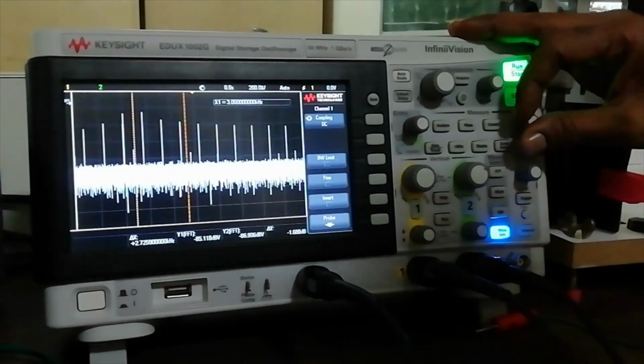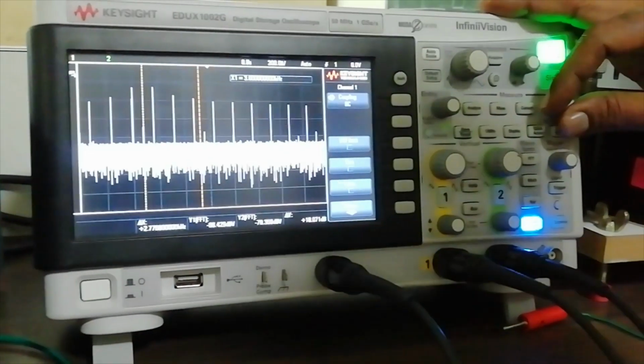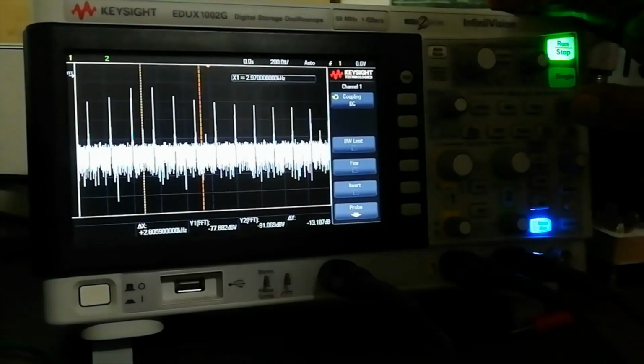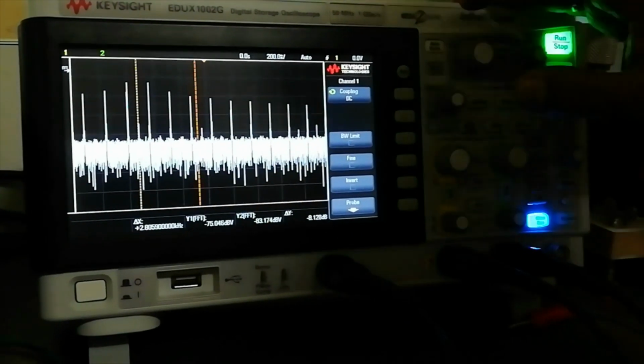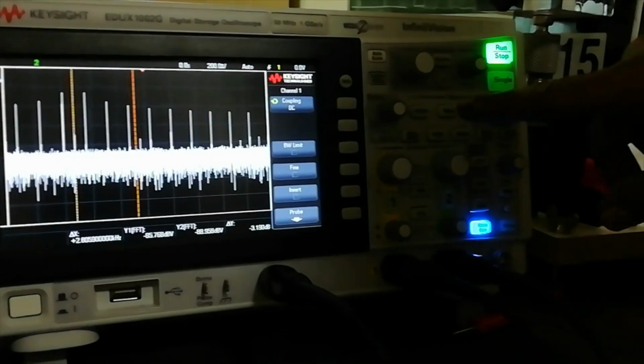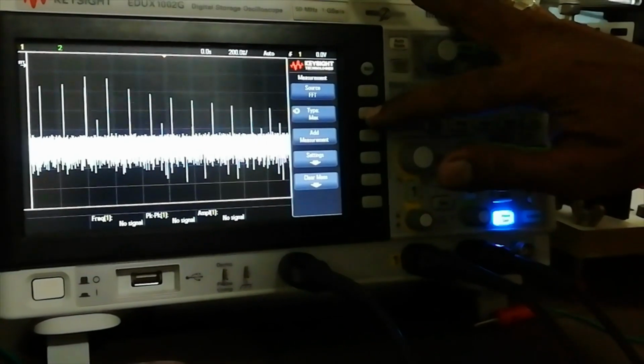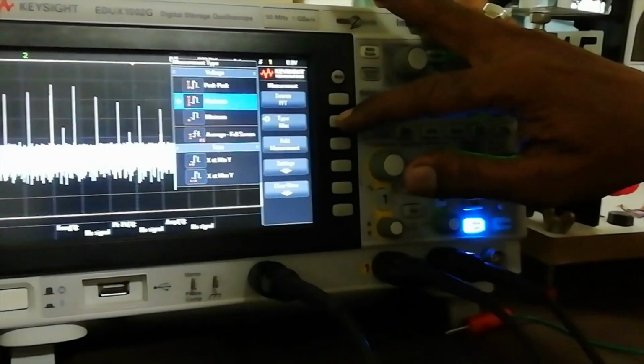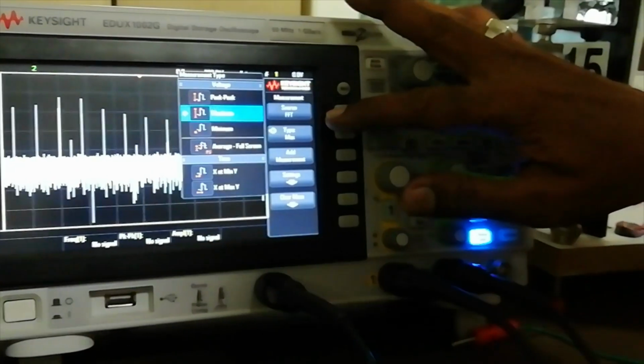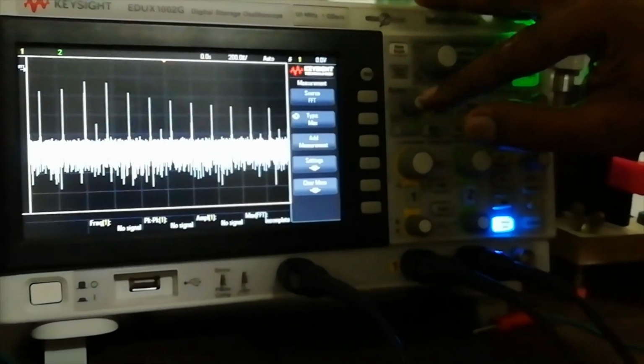We had selected the carrier of 3 kilohertz.